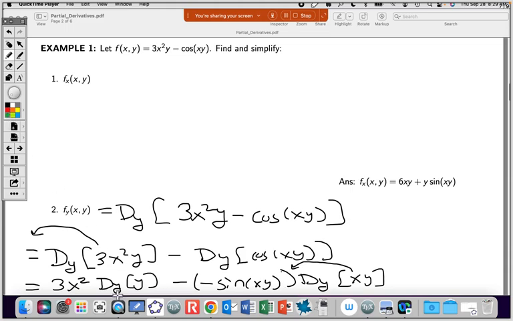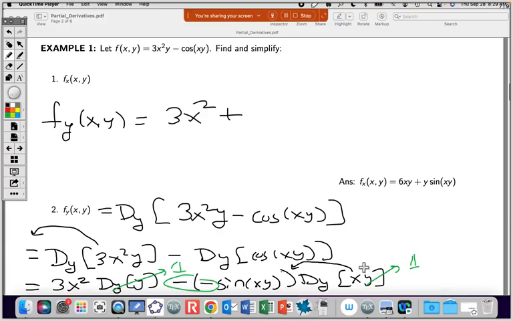So the derivative of y with respect to y is 1. I'm going to get my 3x squared. Minus a minus is a plus. So I'll put my final answer up here and then we'll compare it with what we get down there. So I get my 3x squared plus, I've got this constant x, I'll put that up front, sine of xy.